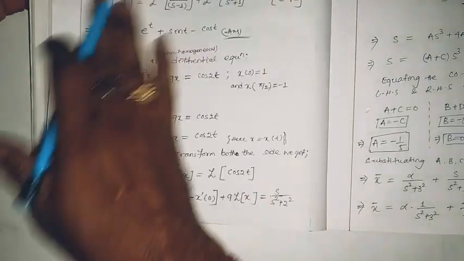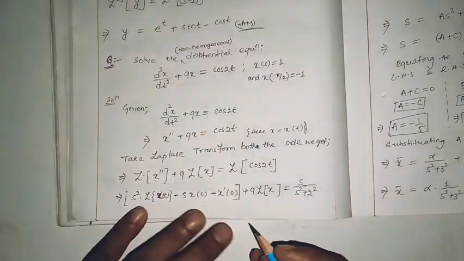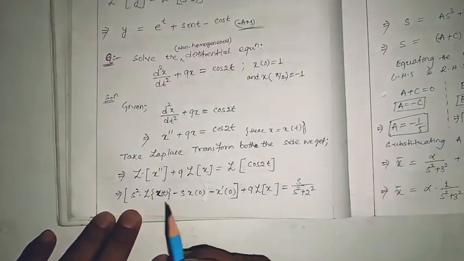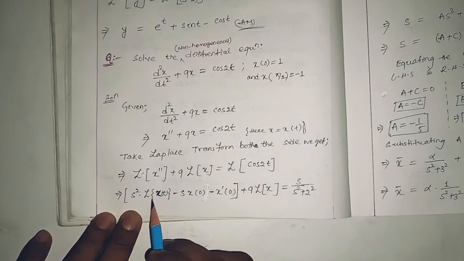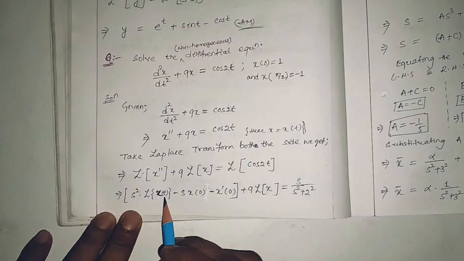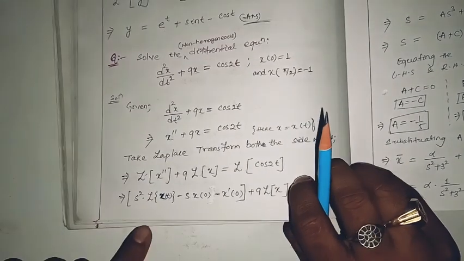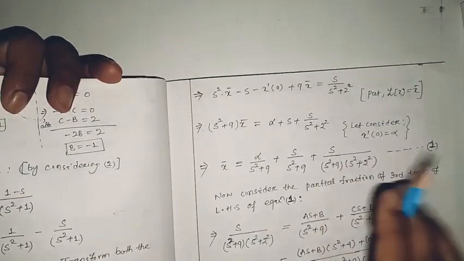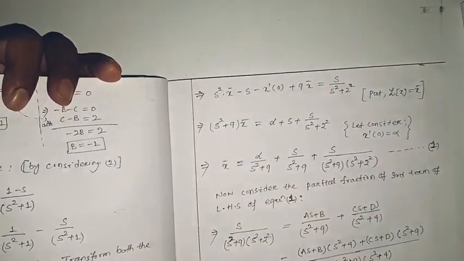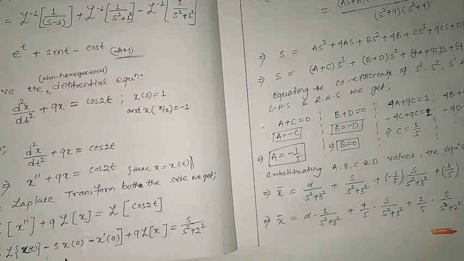So here we have to put Laplace transform of x, or x function of t, as x bar. So this will be s square x bar minus x0.